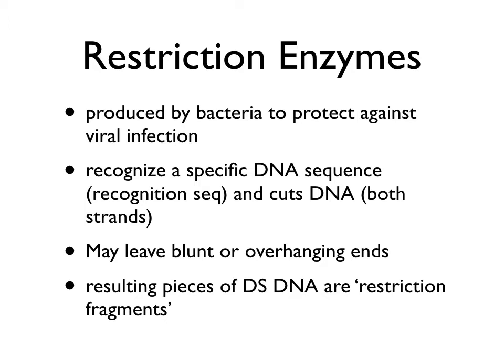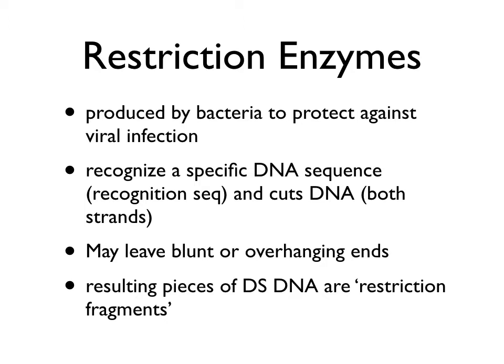Okay? Now, restriction endonucleases recognize a very specific DNA sequence. So each enzyme will recognize only a certain sequence of DNA and cut that sequence of DNA in a very specific way. Okay? And when it does this, it may or may not leave overhanging ends. In the next couple slides, that will become very clear. But it's never random how it cuts in that spot.